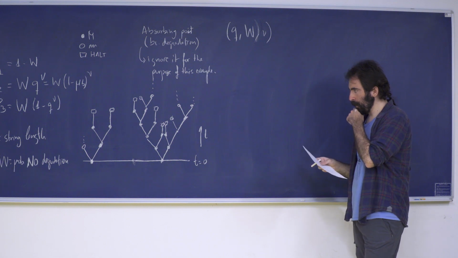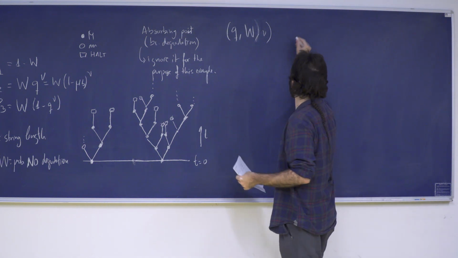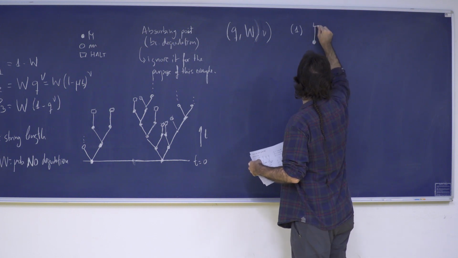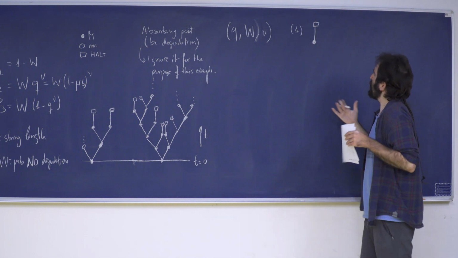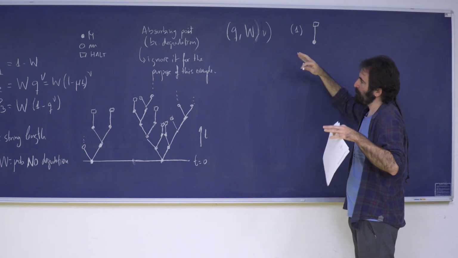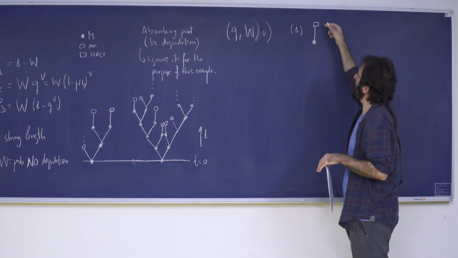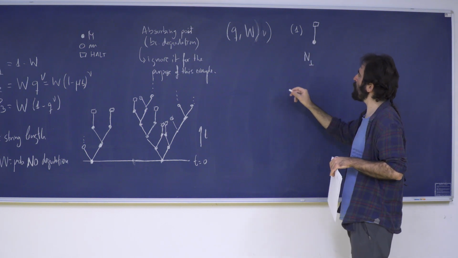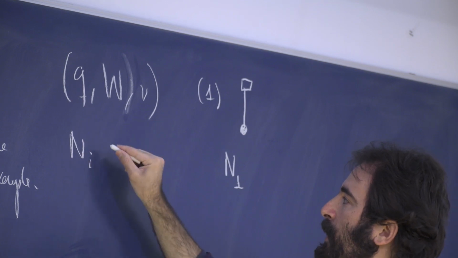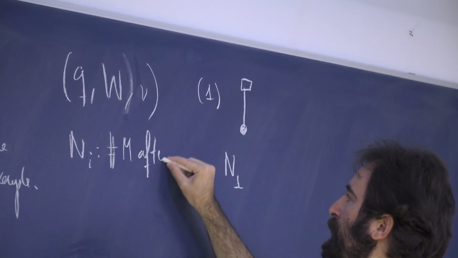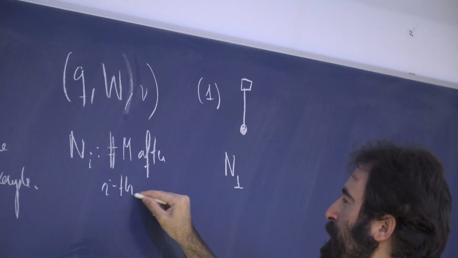Going back to the three cases, the first case, I have a master sequence, and it goes to nothing. Here we had a number of master sequences which was 1, and then after that I get a number. So n sub 1 is going to be the number of master sequences after the ith process.